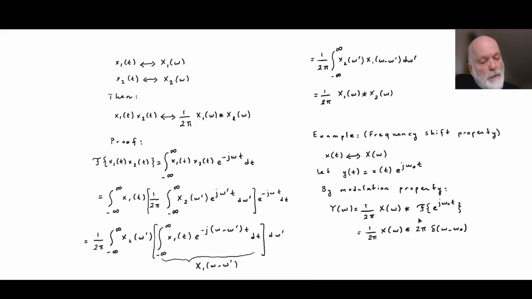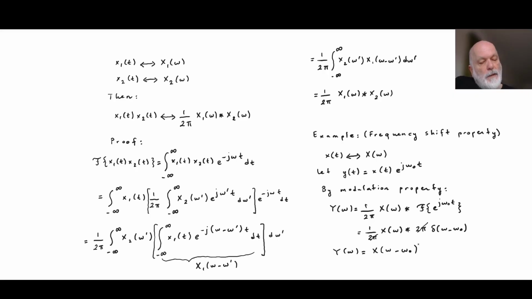So 2 pi's will cancel out, and y of omega therefore will be equal to, now the convolution of x of omega with the impulse is, remember, x of omega minus omega 0.